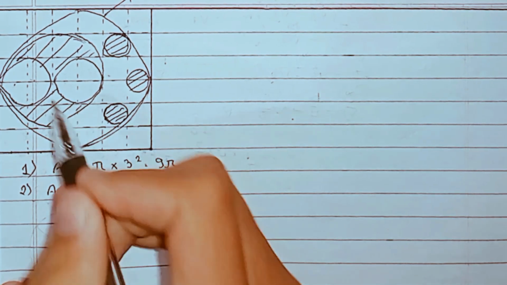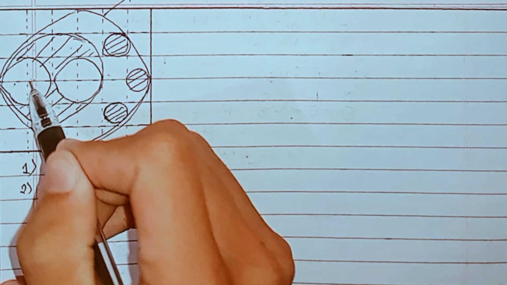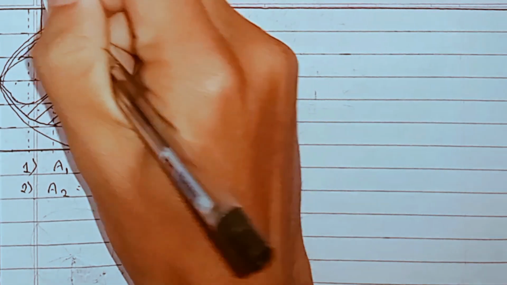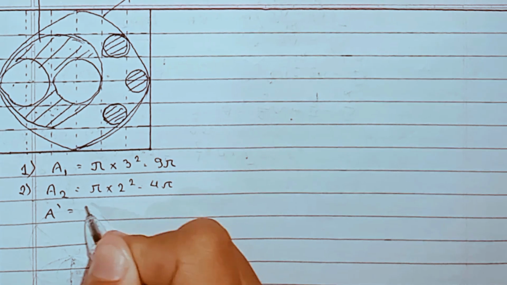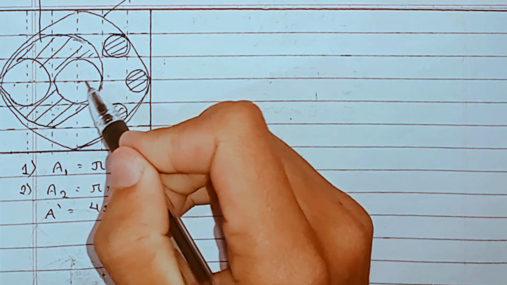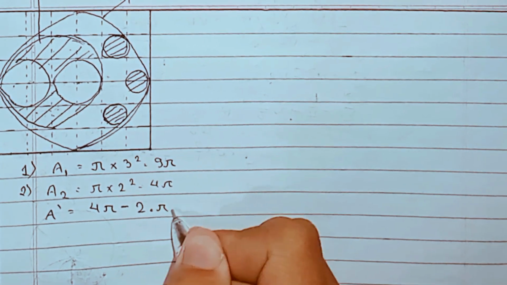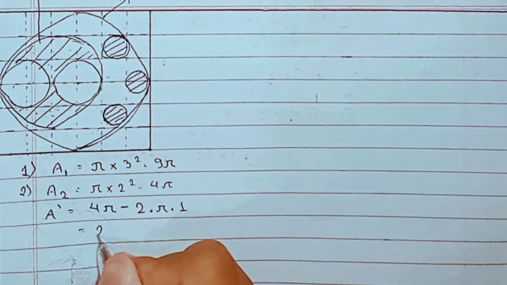Now to find the area of the shaded part within this second bigger circle, we have to subtract these smaller areas. So let's call it a dash. a dash equals the total area minus the smaller areas, which have a radius of 1 unit. So two circles, each with an area of pi into 1, which is 2 pi. So 4 pi minus 2 pi equals 2 pi.